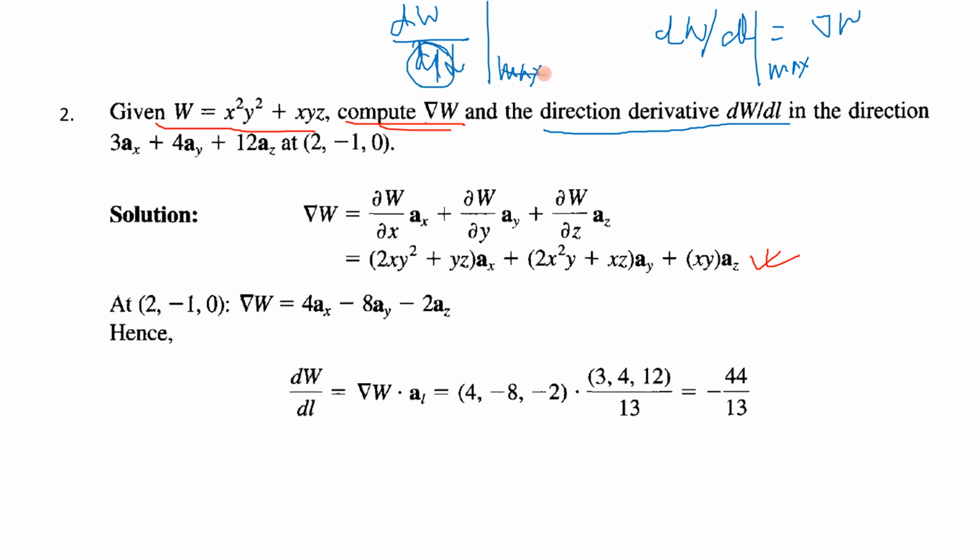But if dl is not the shortest value, then it will not be the maximum value. So in this question, in the first part we calculated the value of dW by dl along the shortest path. So dW by dl is actually the gradient because it is along the shortest path.